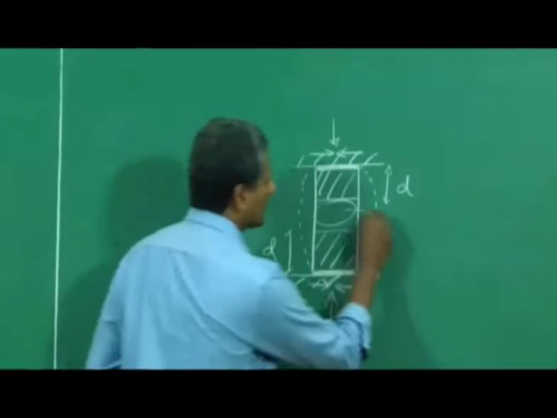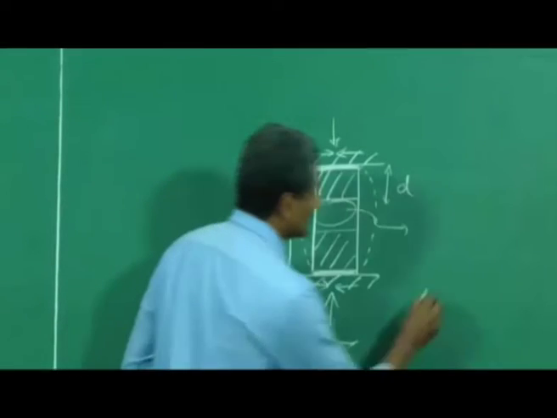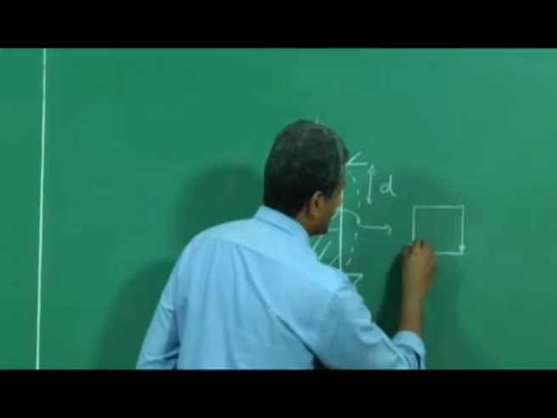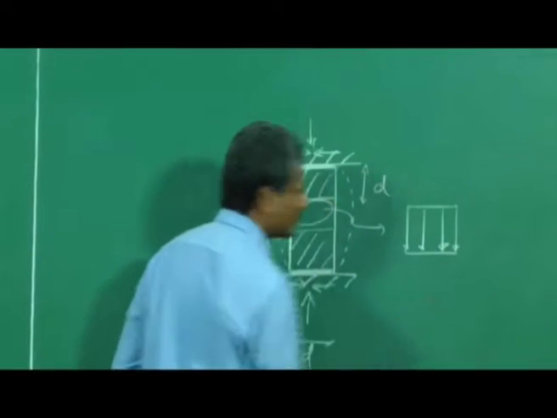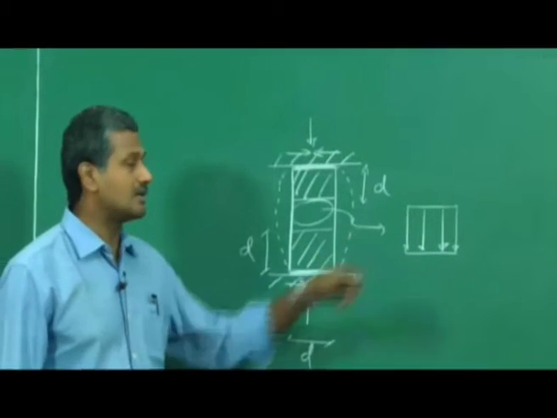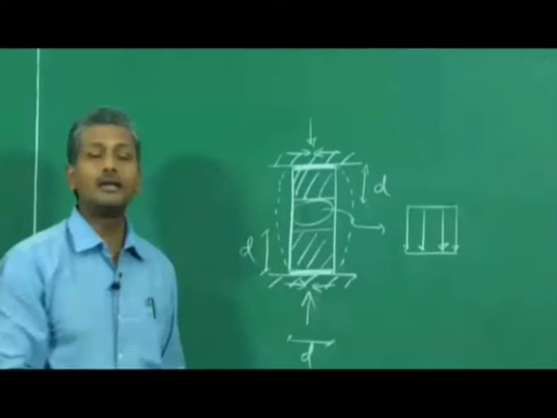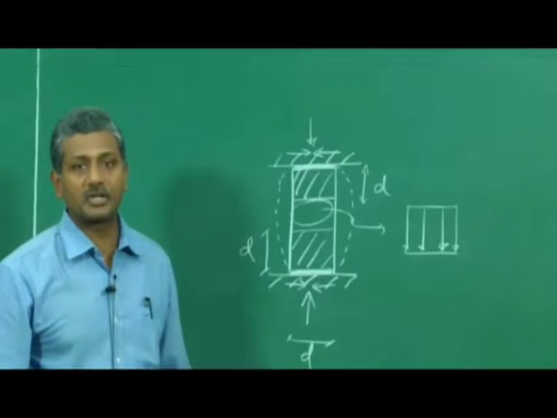If you look at the strain distribution across this surface, it is going to be perfect compression. That is the strain distribution. If you take a cross section along this line, you are going to get perfect compression in this case.